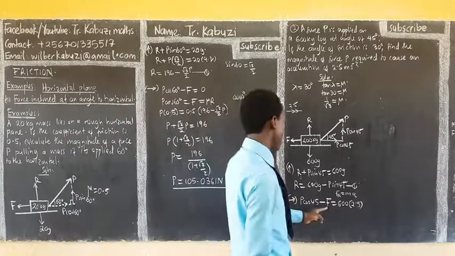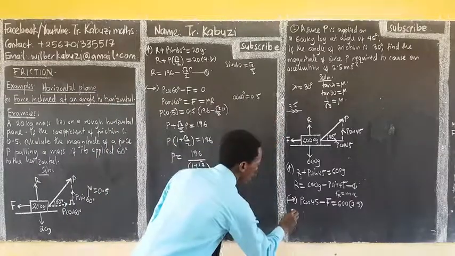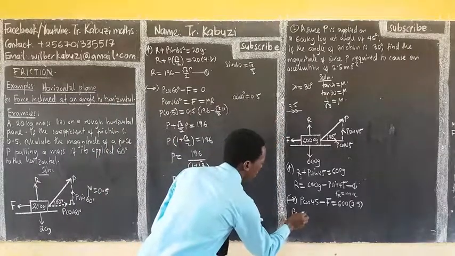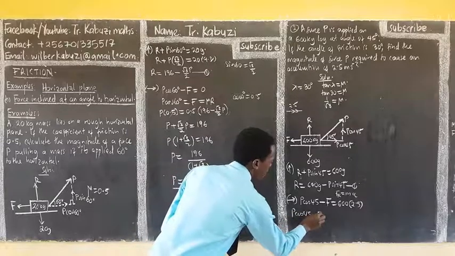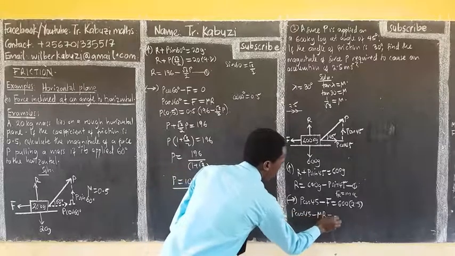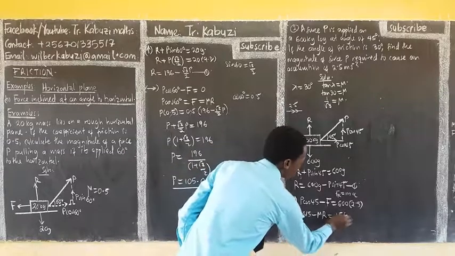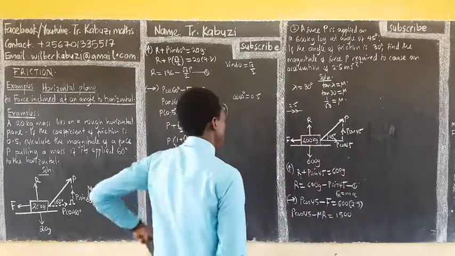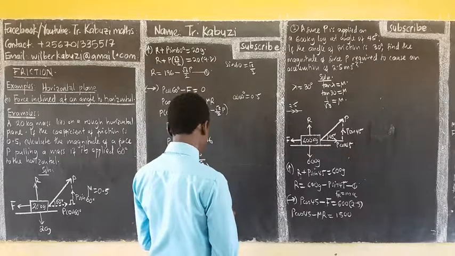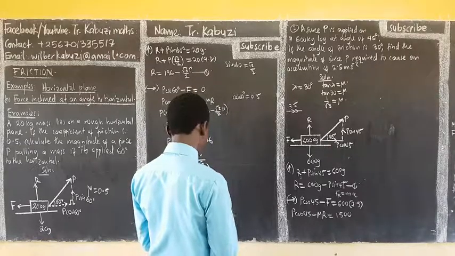So now, remember this one is known. Our P cos 45, then minus mu R will be equal to 600 times 2.5. When we simplify that, we get 1,500.